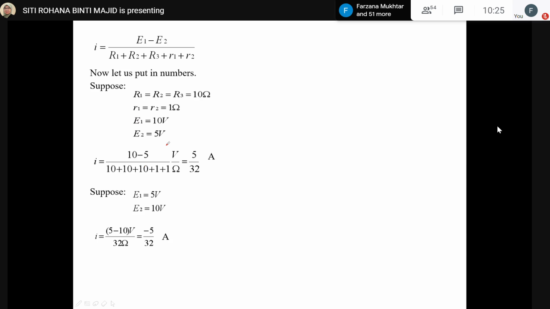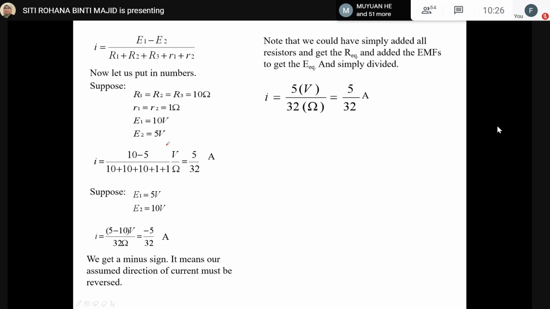Okay, so from here we can have I, but you notice that the value is negative if E1 is 5 volt and E2 is 10 volt. Okay, so that means our assumed direction of current must be reversed.